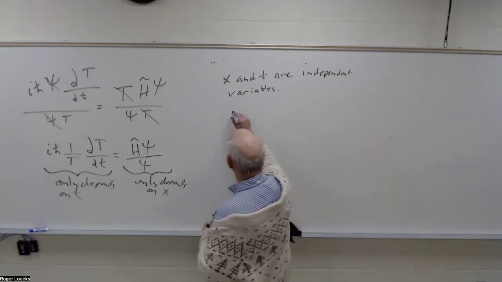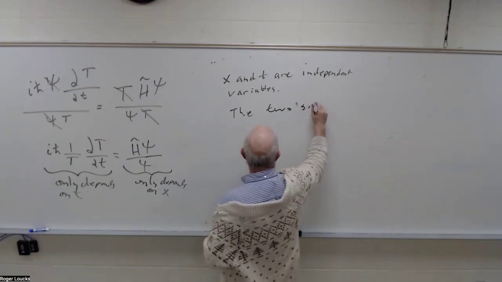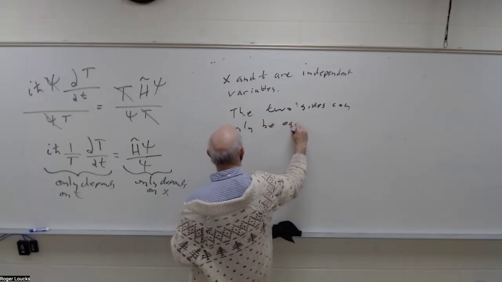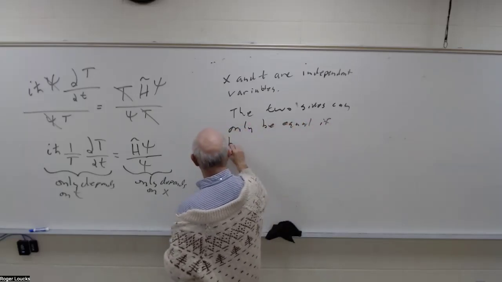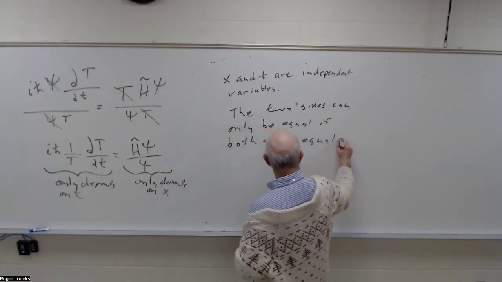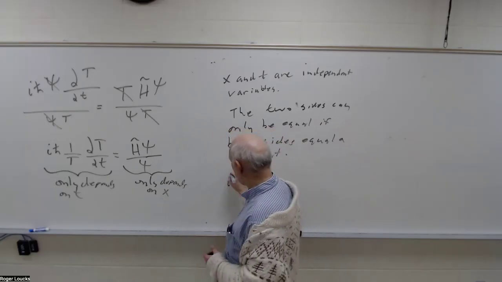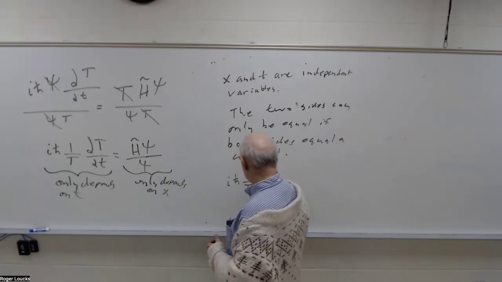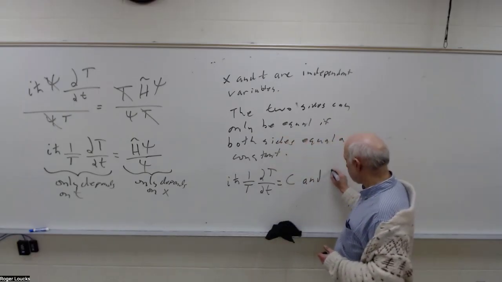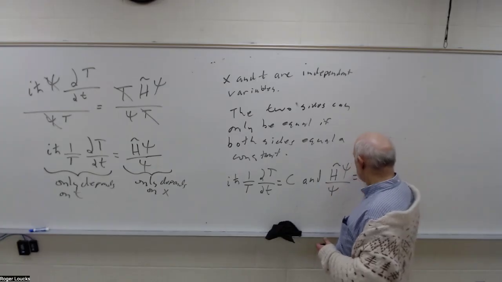So the two sides can only be equal if both sides equal a constant. So I can say that this term right here equals a constant, and that this side right here equals a constant.